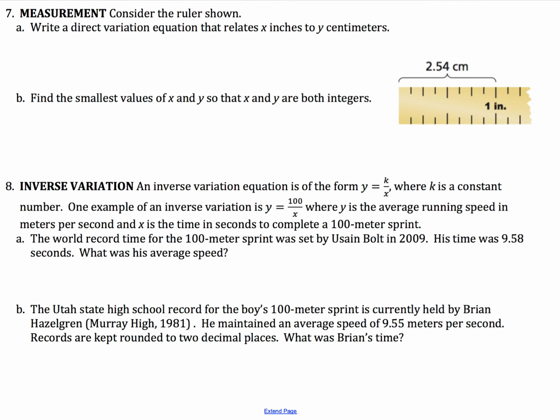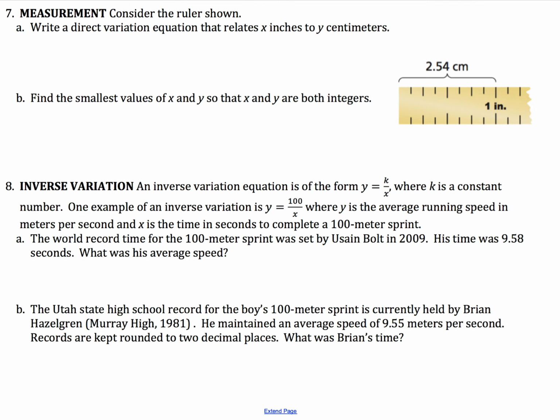Number 7, consider the ruler shown. You write a direct variation that relates x inches to y centimeters. The unit rate there, by the way, is 2.54 centimeters per inch. Then find the smallest values of x and y so that x and y are both integers. Okay, and that's going to take some careful thought.